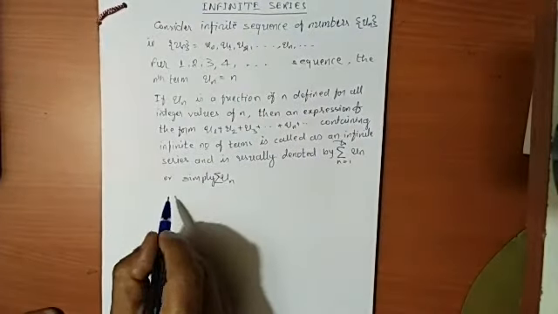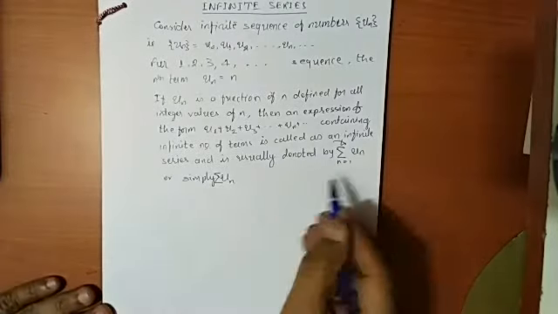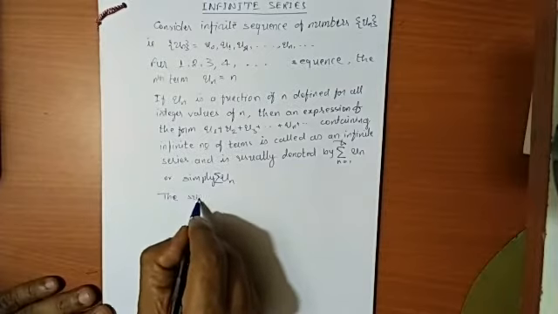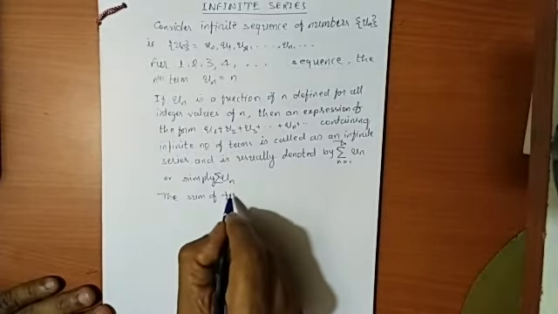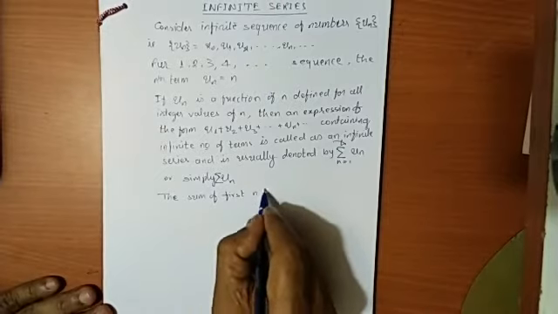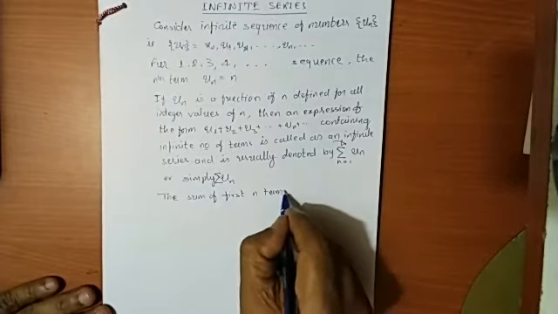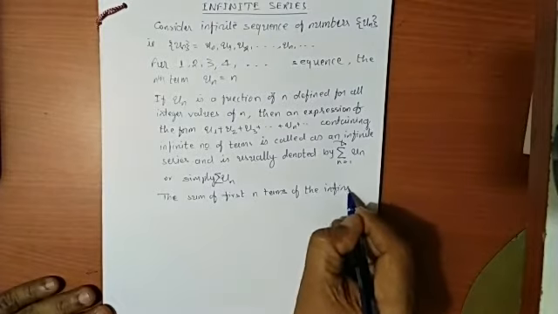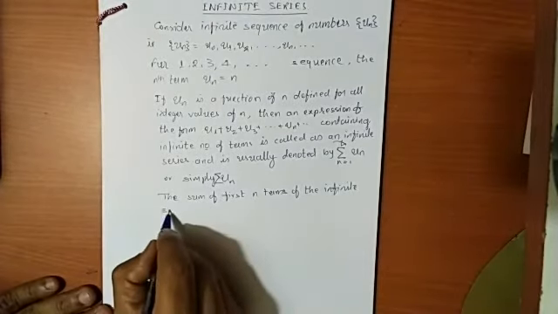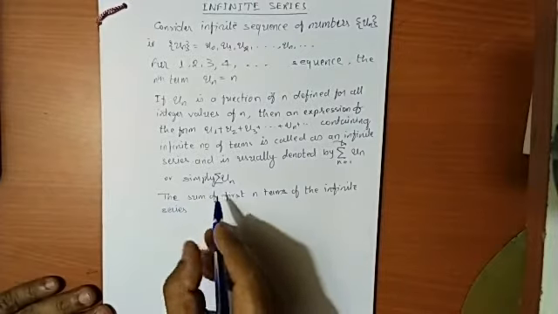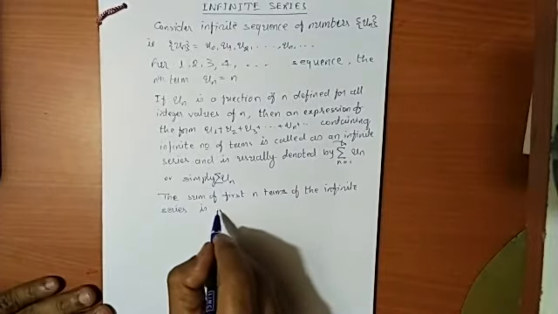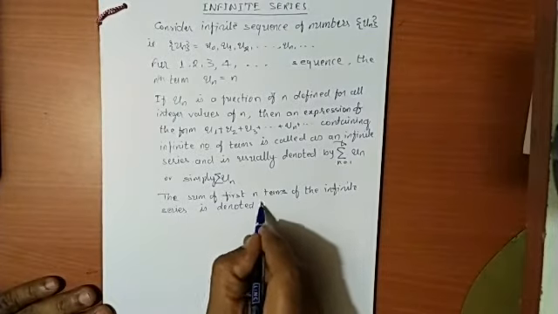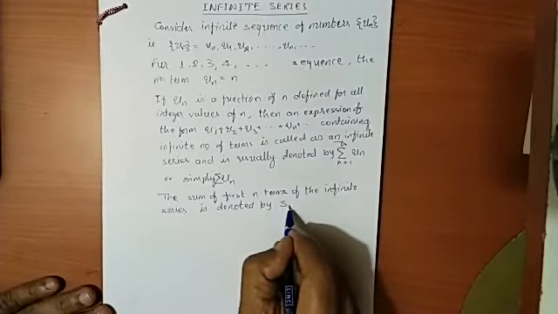The sum of the first n terms of the infinite series is denoted by Sn.